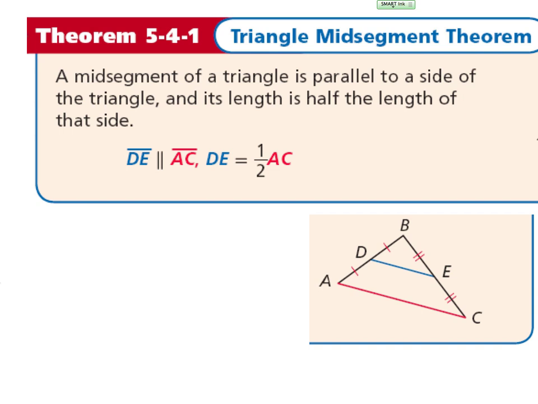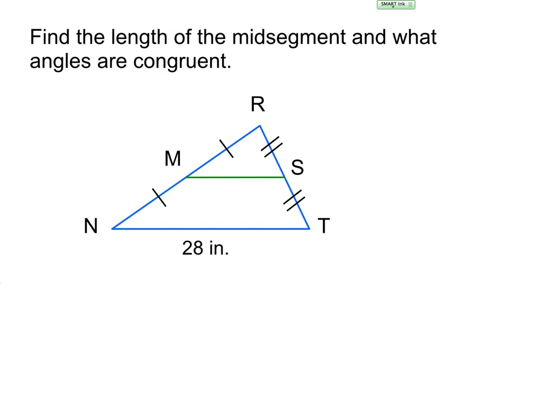Did you get the notes down? Okay. So find the length of the midsegment and what angles are congruent. How long is the midsegment? The midsegment is half as long as the side that it's parallel to. So figure out what length MS is.